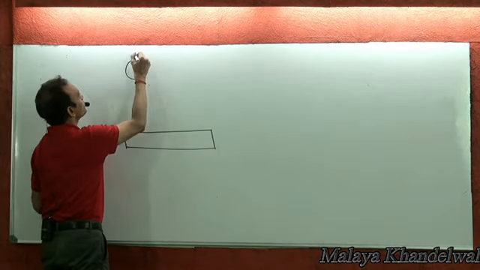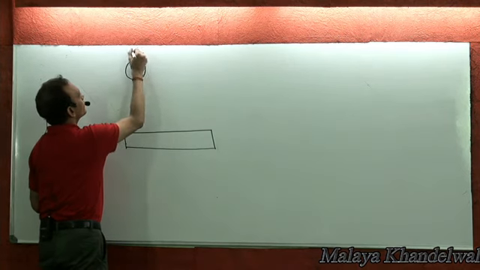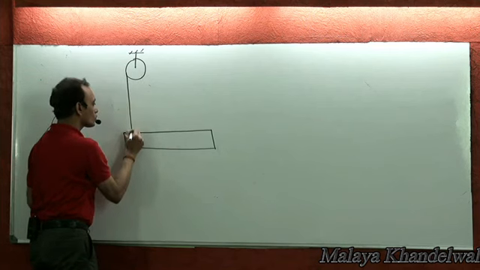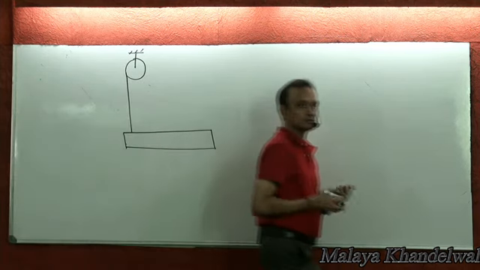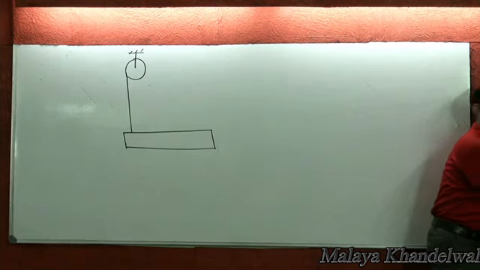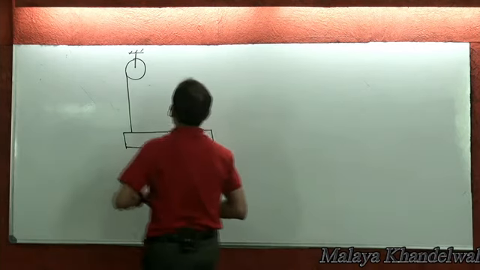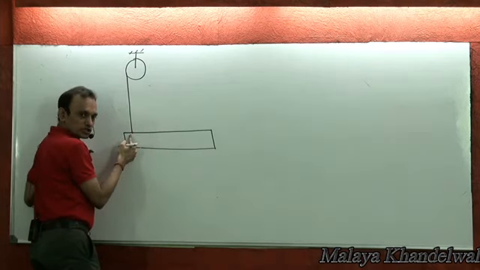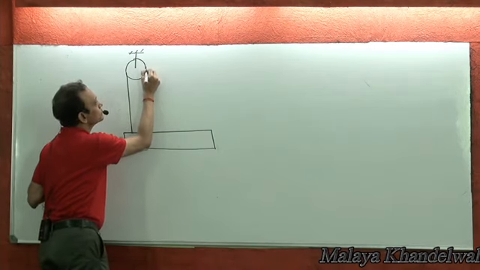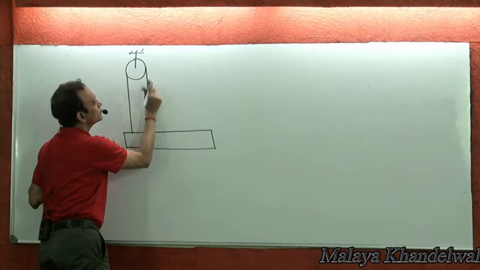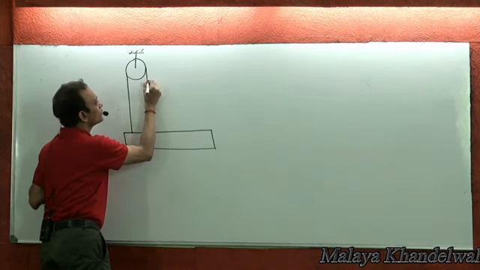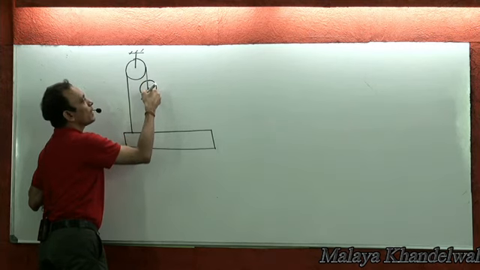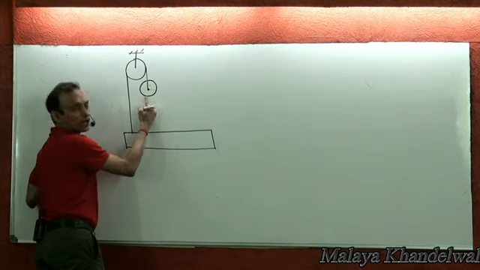There is a fixed pulley. One end connected to this block. Say there is another movable pulley. The overhanging part of the thread connected to another pulley.